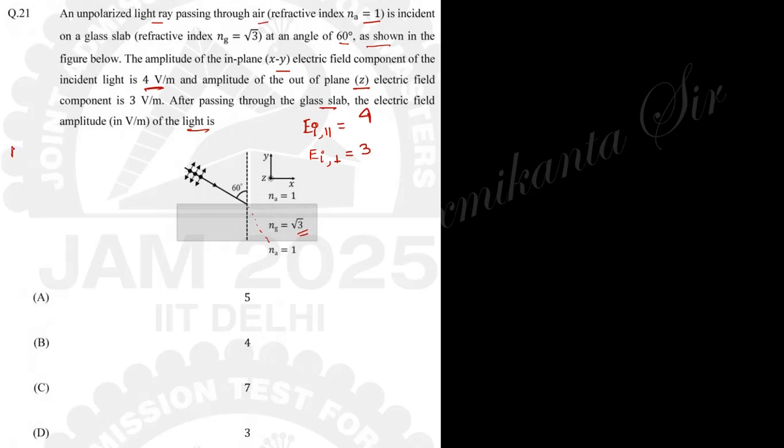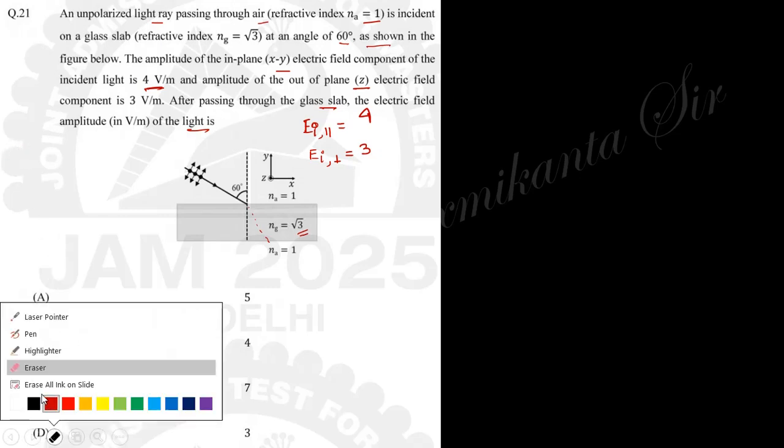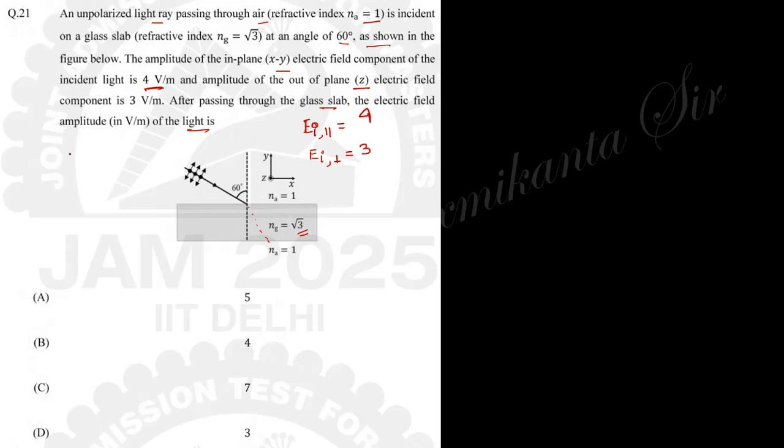For the transmitted part, we need to know about the Brewster angle. In the Brewster angle, tan theta b is the refractive index of glass divided by the refractive index of air. So that is √3/1, that is tan 60 degrees. So theta b is equal to 60 degrees.